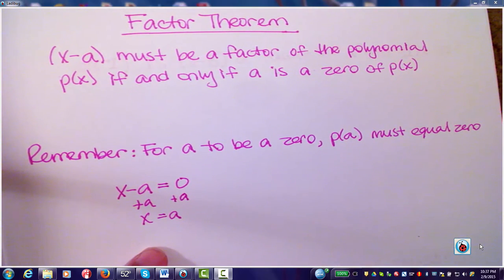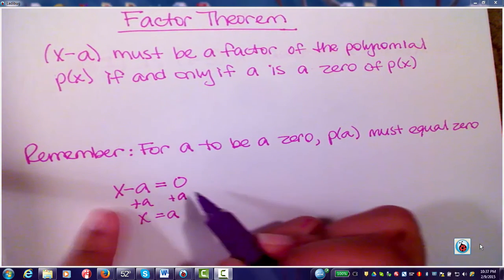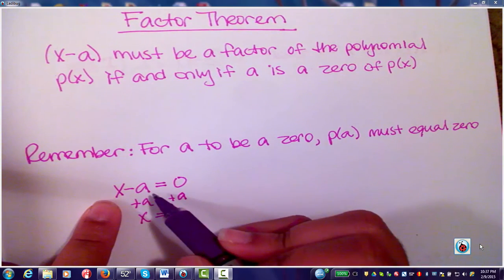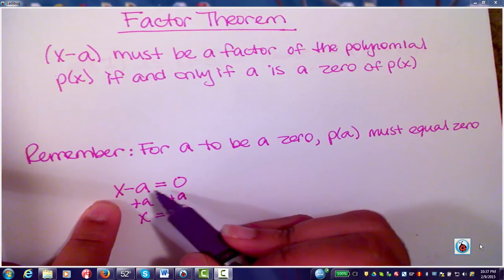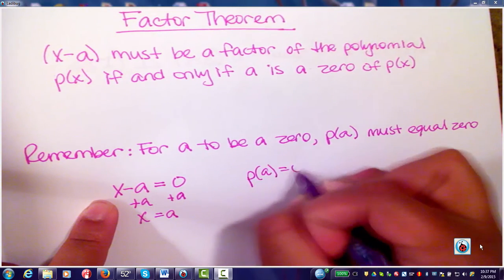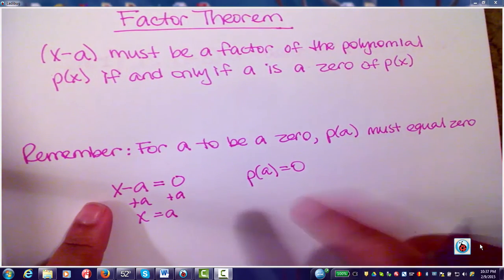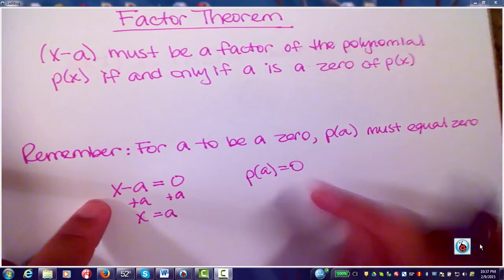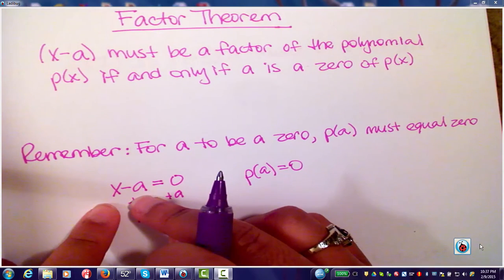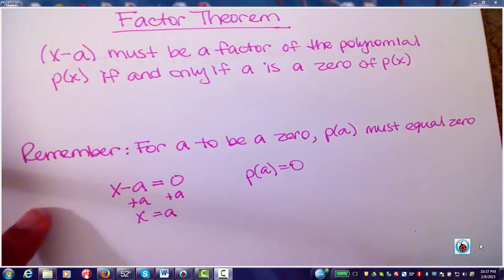So, according to the factor theorem, if you know that x minus a is a factor, then you will know that p of a equals 0. And then vice versa, if you know that p of a is 0, then you know that x minus a is a factor. So let's try an example.